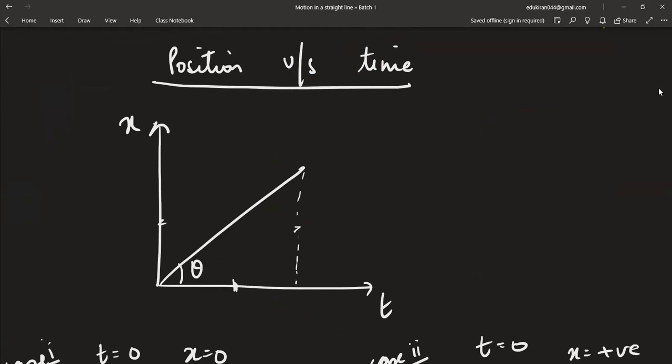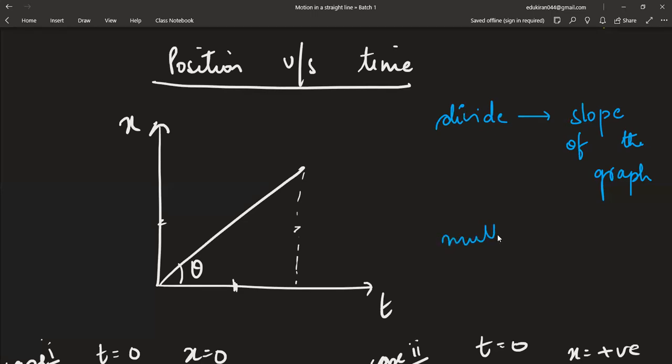If you divide two quantities, you get the slope of the graph. So whenever you have to get the slope of the graph, you divide those two quantities.